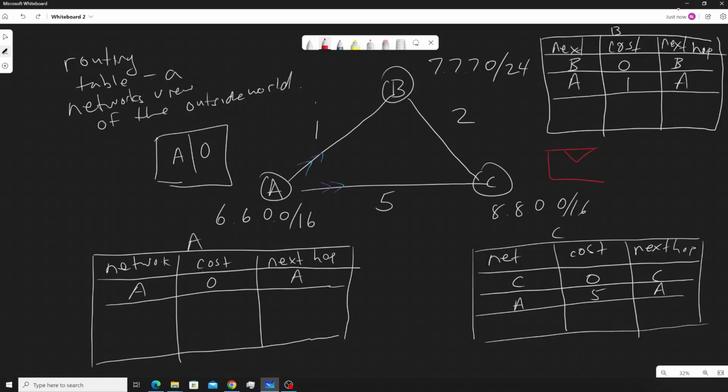Okay, so let's move. All right, so A has finished sharing. Okay, let's get rid of this. A is finished sharing, and now the order in which the tables share is not guaranteed. They operate on their own clocks.